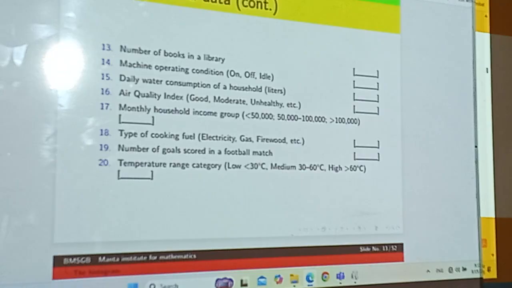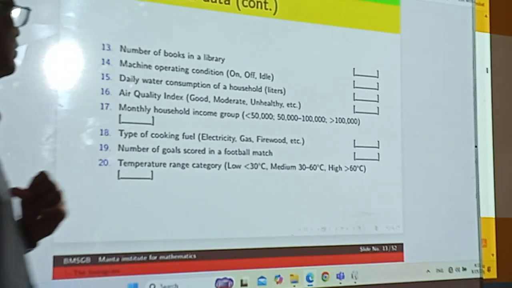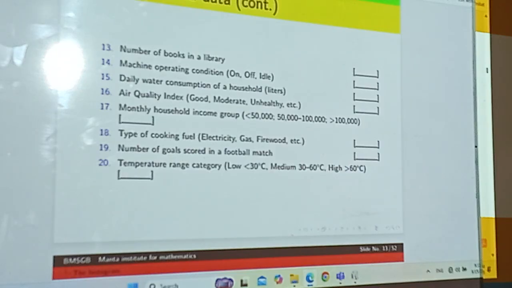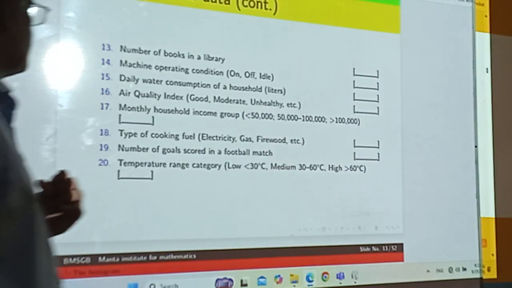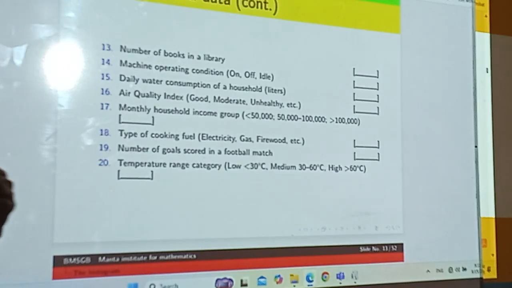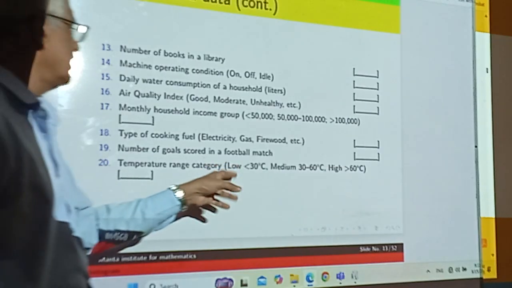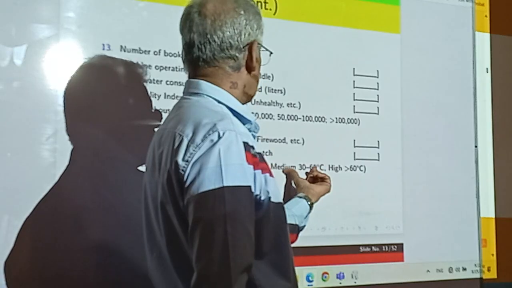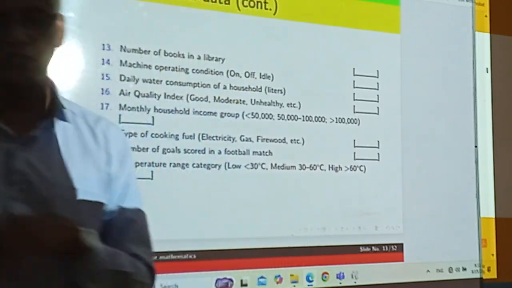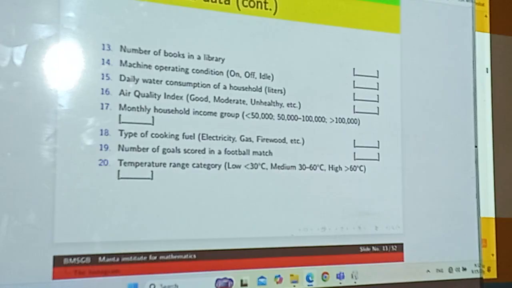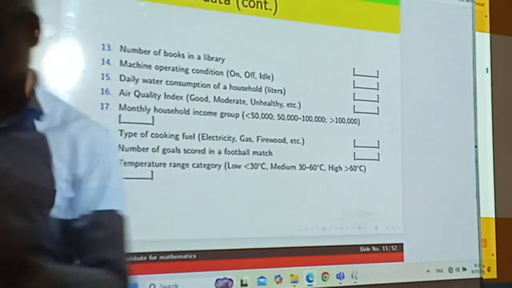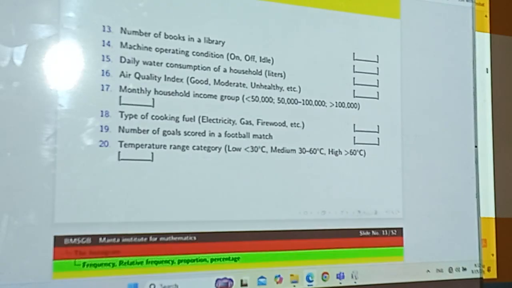Type of cooking fuel: electricity, gas, firewood, etc. Qualitative, nominal. Number of goals scored in a football match. Quantitative, discrete. Temperature range category: less than 30, medium between the two, and high above 60. Those are three categories. Qualitative, ordinal. So it's not that difficult.